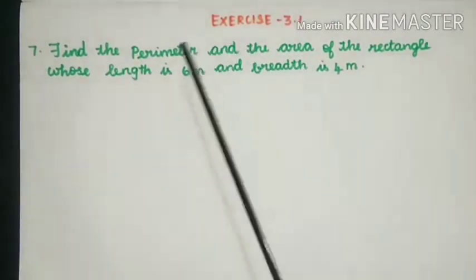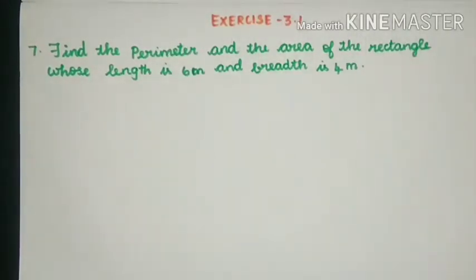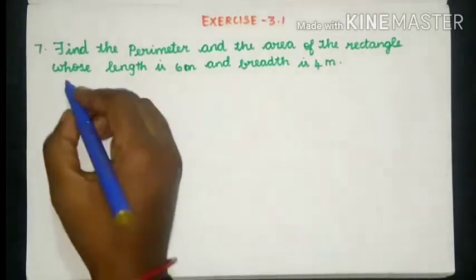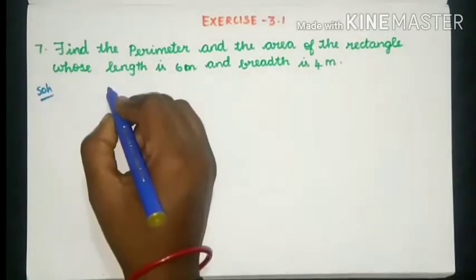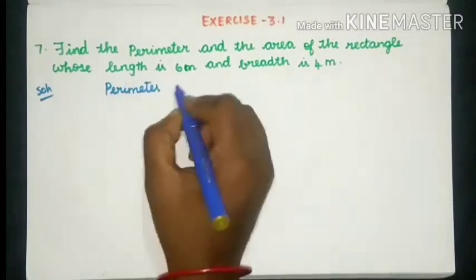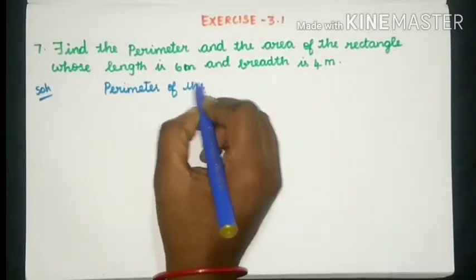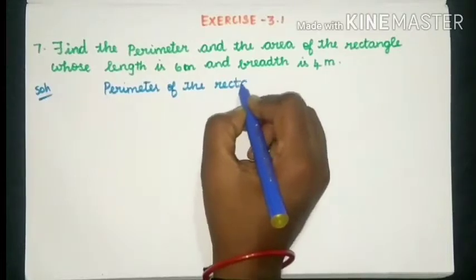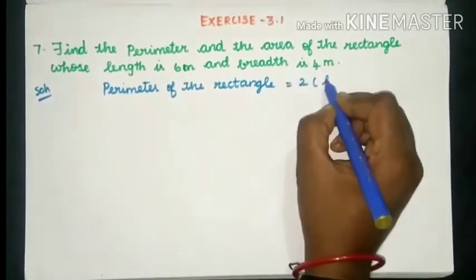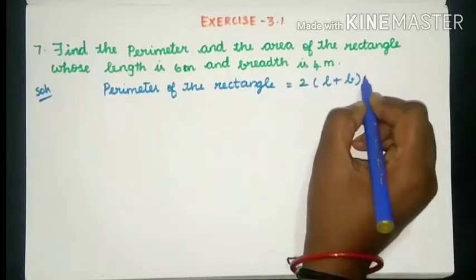First we have to find the perimeter of the rectangle. As we already know, perimeter of the rectangle is equal to 2 into L plus B units.